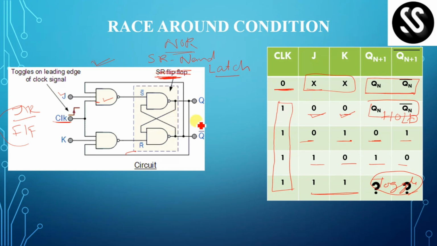But here it is made up of NAND gates, so instead of toggling, it actually races. Let us understand clearly using an example. I told you that the race condition happens only if the clock is high.